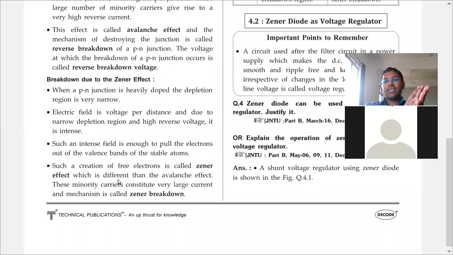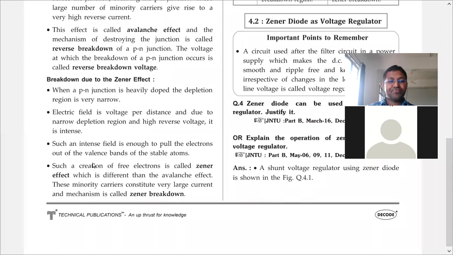This is different from avalanche. See, in avalanche, what happens? The minority charge carriers travel at high velocity and bombard the atoms. It is like a stone hitting a mango tree. Electric field intensity is different. This Zener effect based on the electric field intensity is different compared to the avalanche breakdown.